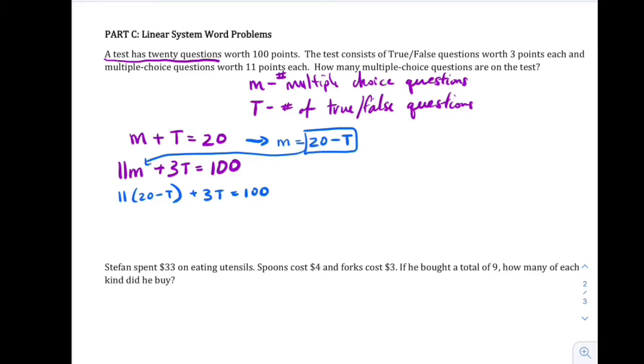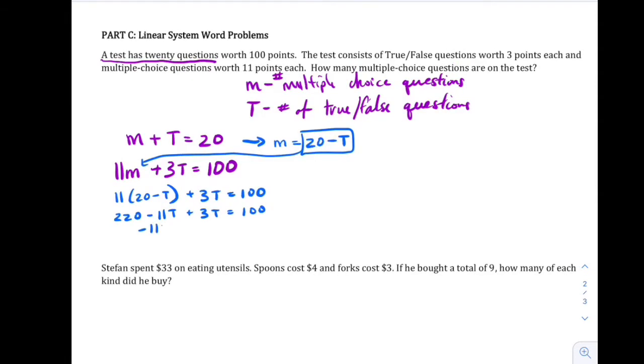When I multiply inside, we're going to have 220 minus 11t plus 3t is equal to 100. Get all my like terms together, add them together. So when I bring 220 to the other side, plus 3t is equal to 100 minus 220. Add my like terms together.